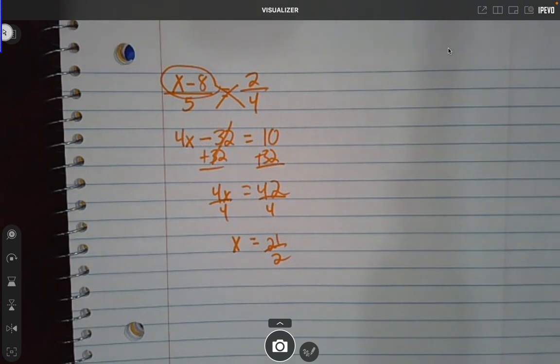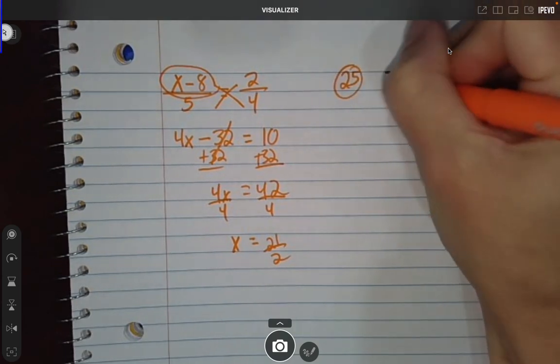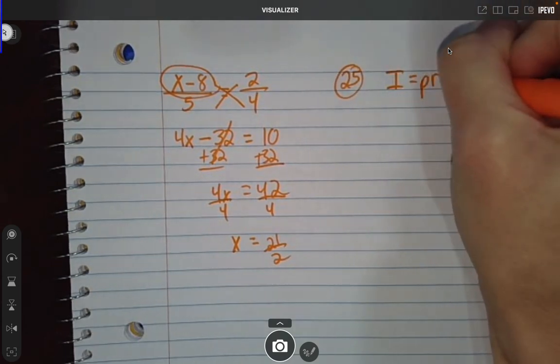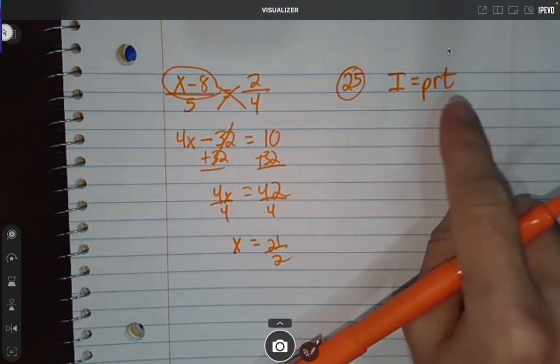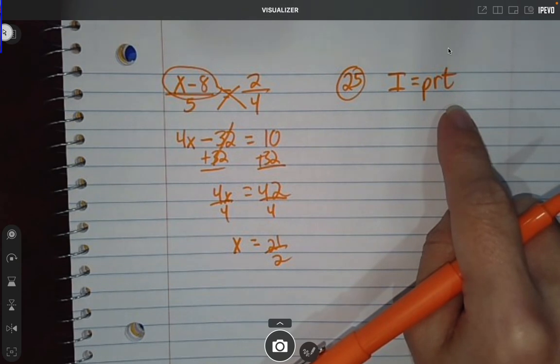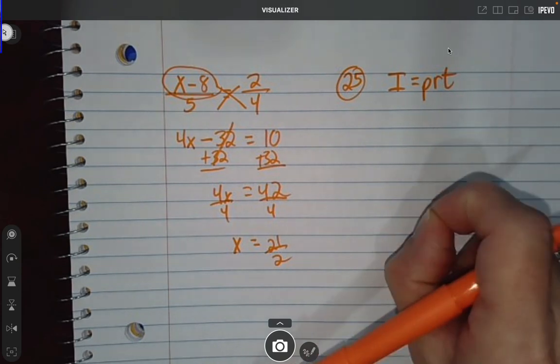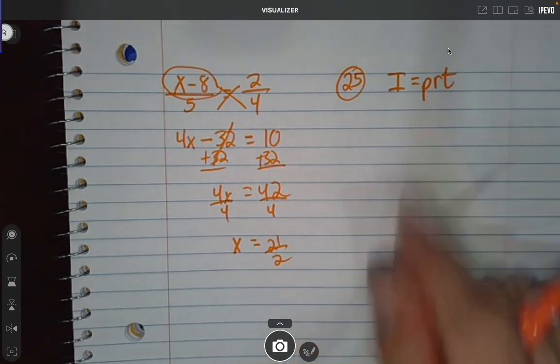Okay? All right, 25. It talks about simple interest. So on this one, we're using this formula, which I'll put on the board. That's interest equals principal times rate times time. The rate is the percent that they give you, but what do you have to do with the percent? You have to change it so we can put it in our formula.